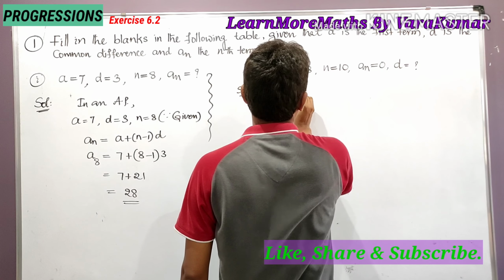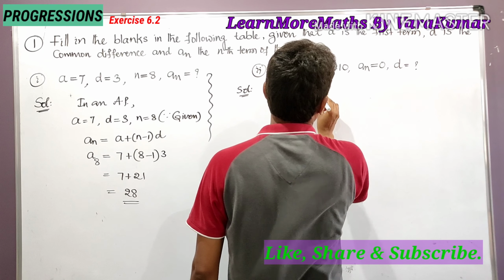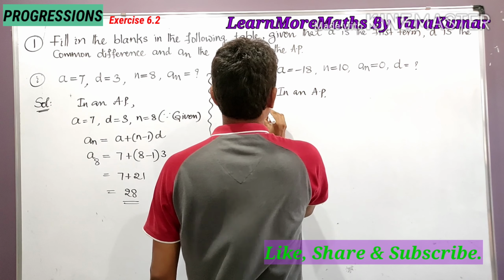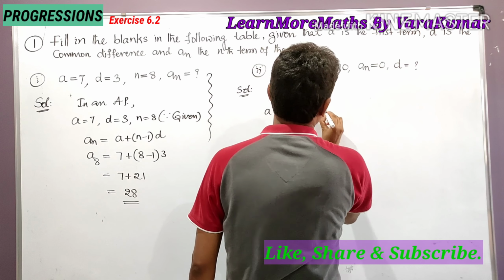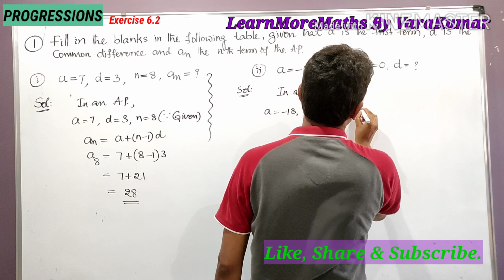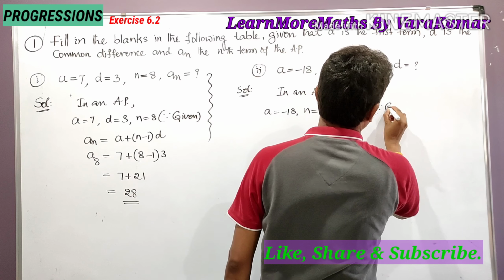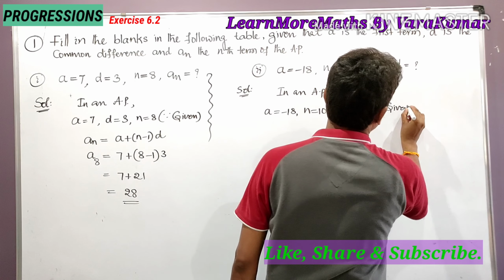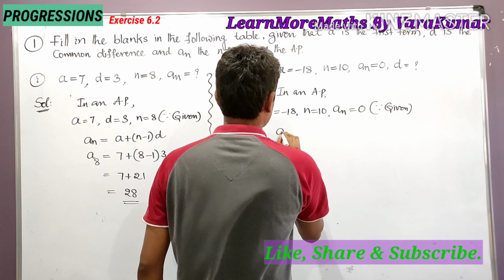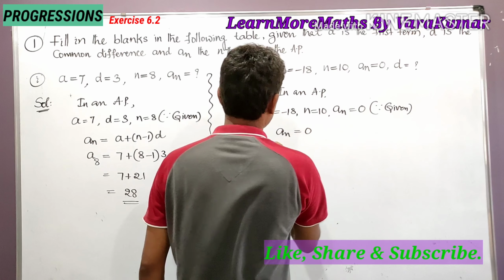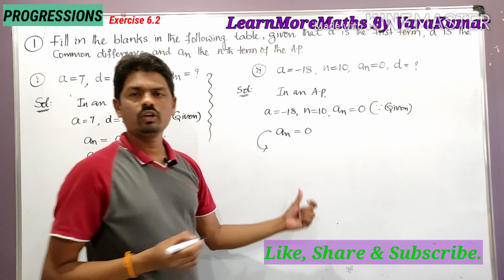See, in an AP, again in an arithmetic progression, A is equal to minus 18, N is equal to 10, AN is equal to 0. He has given these values to us. So now we have to take AN equal to 0. From this, how can we write AN?